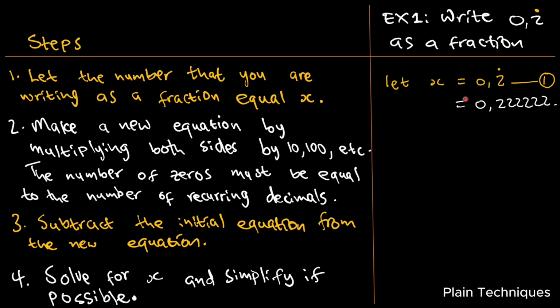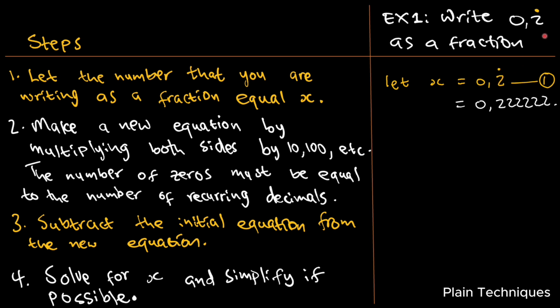I'm going to multiply both sides by 10, 100, 1000, etc., right? But the number of zeros must be equal to the number of recurring decimals. So for equation number 2, I need to multiply equation number 1 by 10, 100, or 1000, etc., depending on how many recurring decimals I have, right?